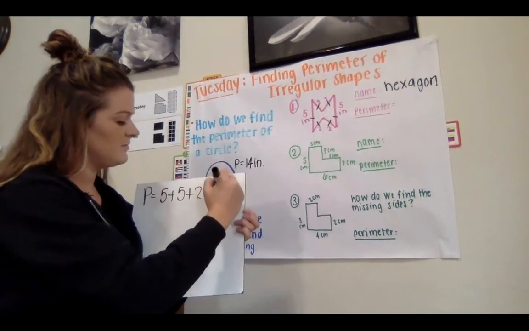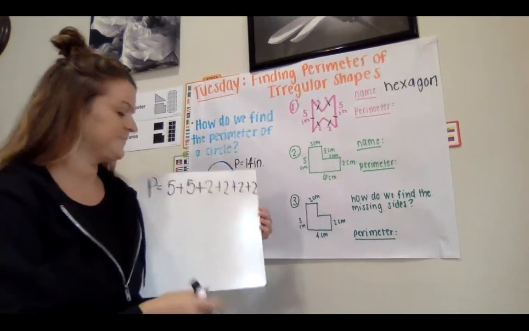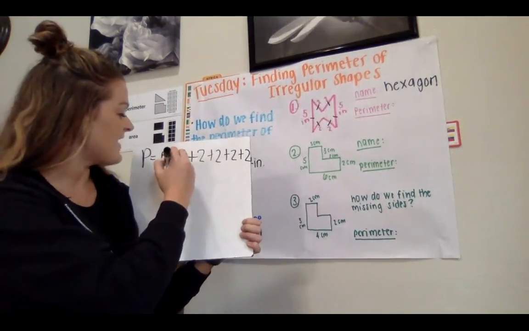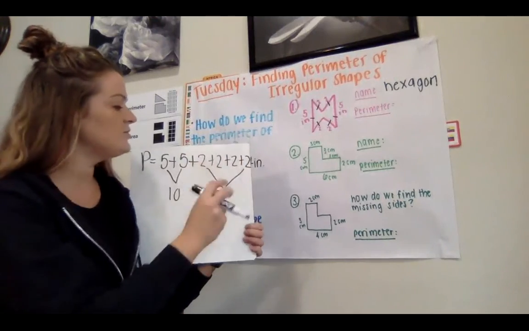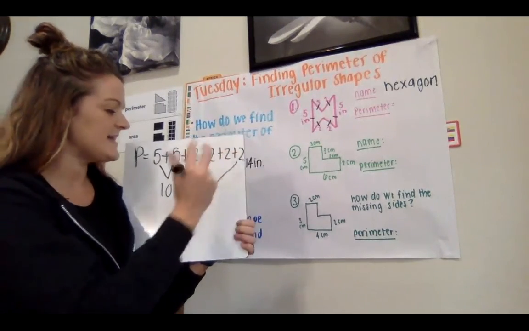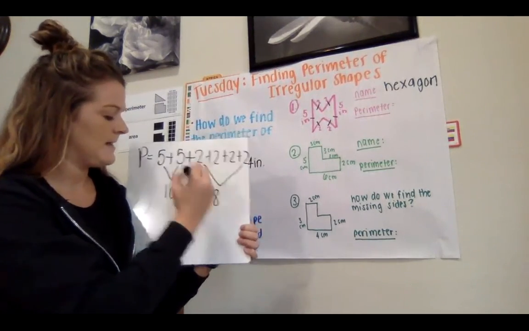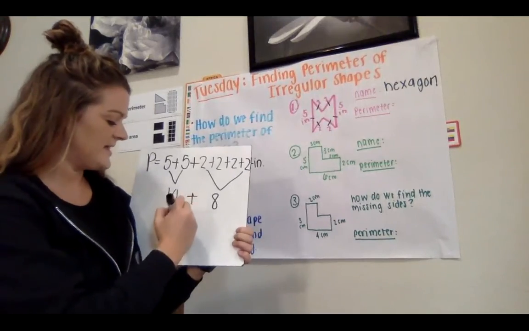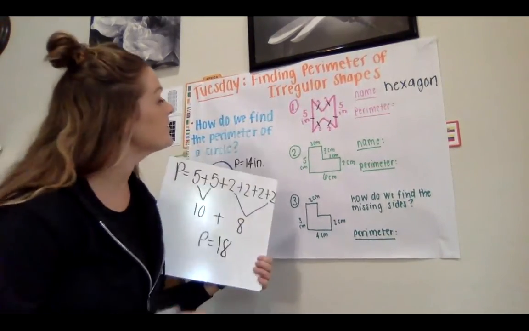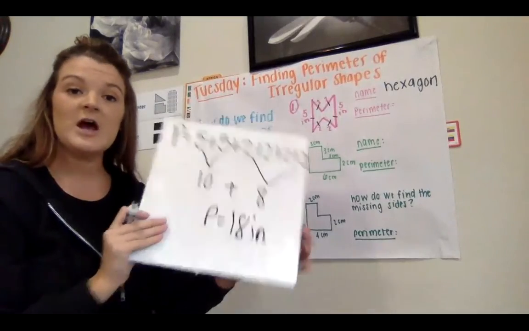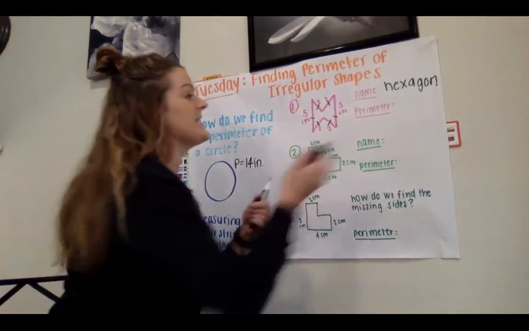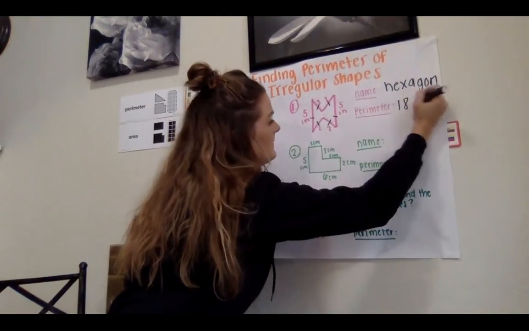And now I'm going to add 5 plus 5, I know that's 5, 10. And then if I have 4 2s, that's 2, 4, 6, 8. 10 plus 8, I know makes 18. And let me look for my unit. I labeled this inches. So the perimeter of this shape is 18 inches.